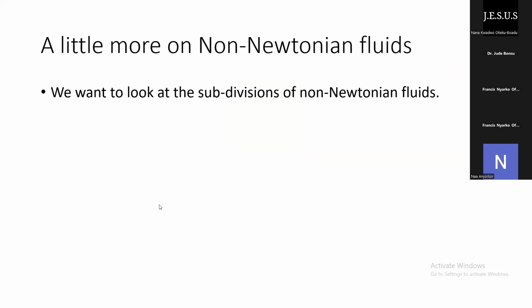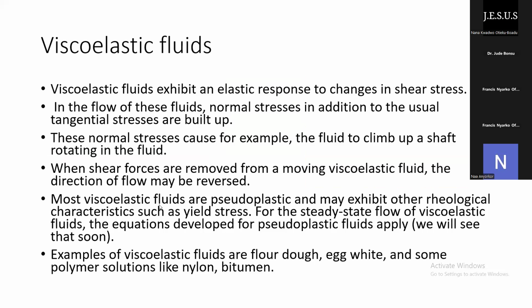Now I want to look at the subdivisions of non-Newtonian fluids. The very first one we're looking at is the viscoelastic fluids. Viscoelastic fluids exhibit an elastic response to changes in shear stress. When you apply shear stress to it, like stirring or stretching something, the fluid deforms. Maybe it can move to a certain point.